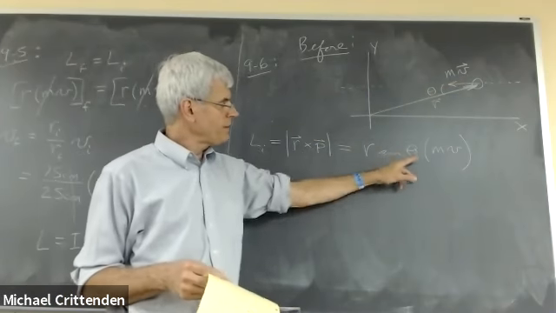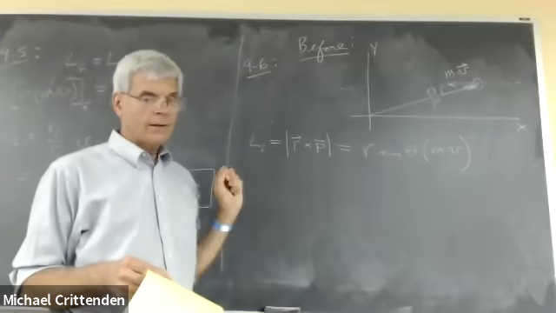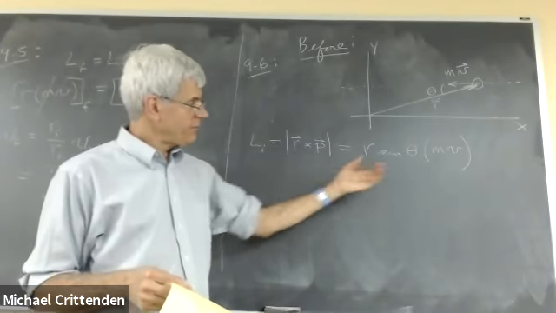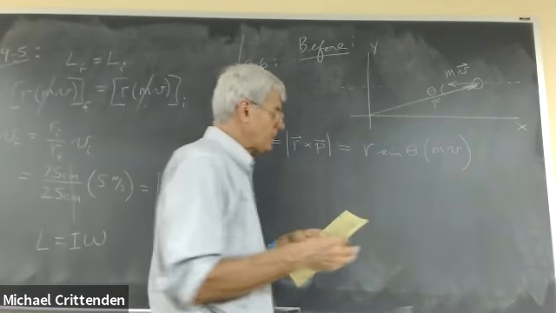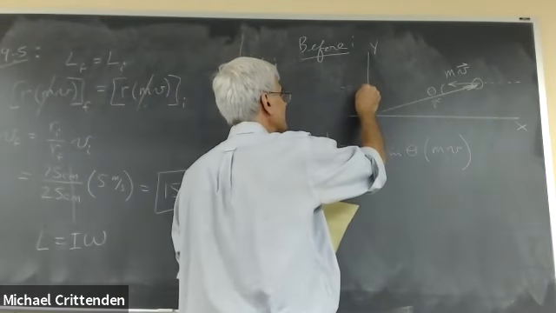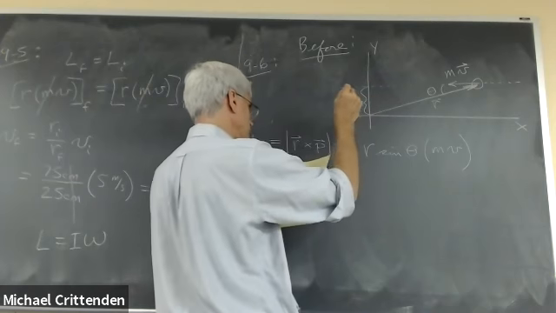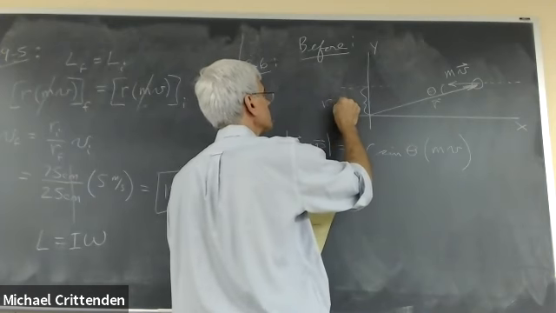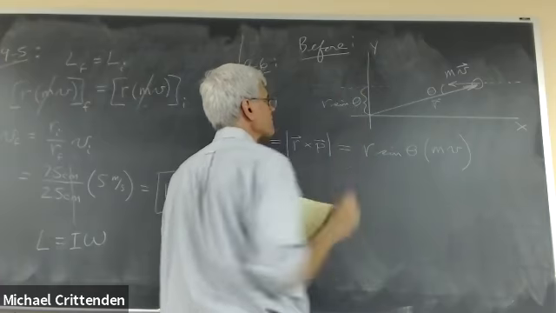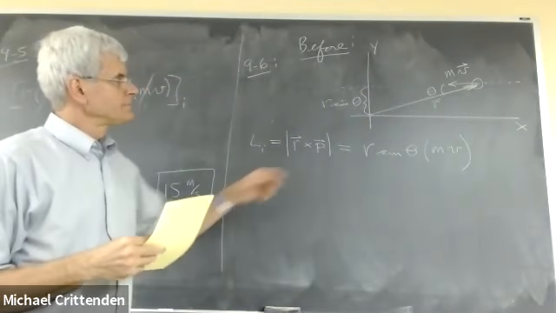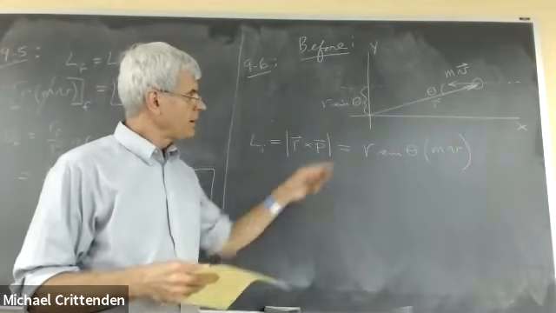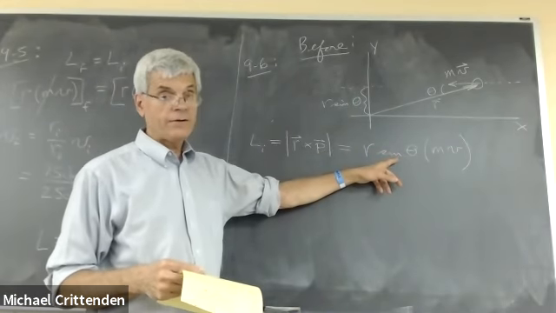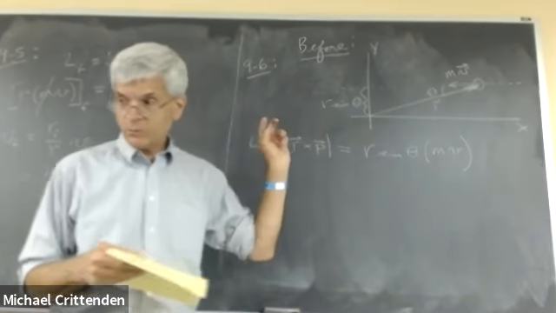So both of these things are constantly changing. But the good news is, taken as a unit, r sine of theta is that distance right there. Hypotenuse times the sine equals the opposite side. R sine of theta does not change as the thing moves along.